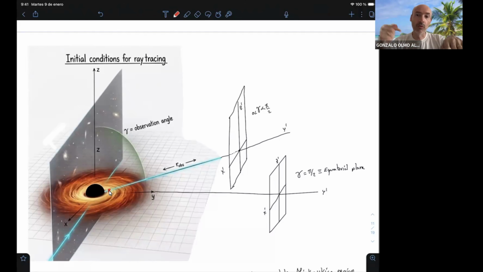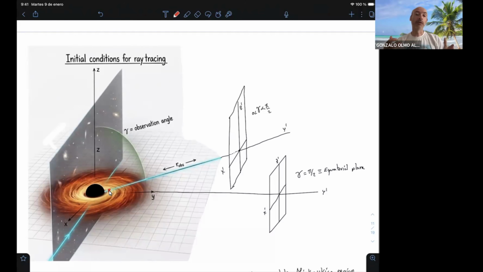So basically, we will need to know when a given geodesic hits the equatorial plane. Okay, and depending on the radius at which this intersection happens, we will have a different gravitational redshift, and depending on how we model the accretion disk, if the accretion disk is rotating, then we will also have a Doppler effect because of the motion of the gas at that specific location.